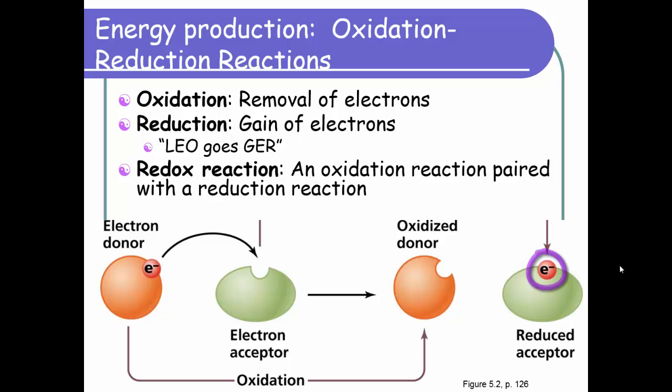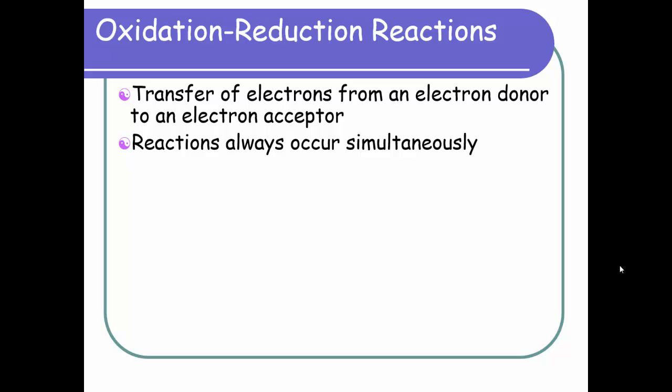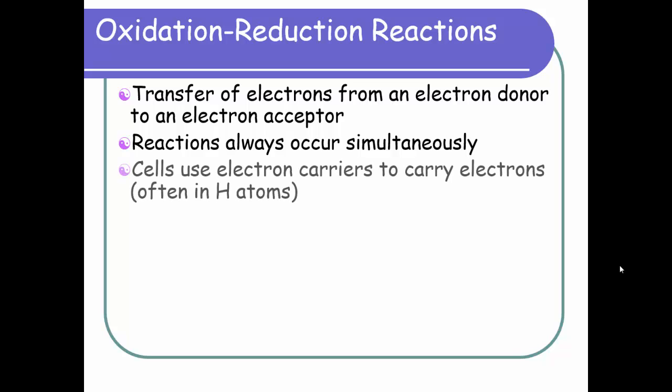The donor, therefore, is oxidized because it lost the electrons, and the acceptor is reduced because it gained the electrons. Oxidation-reduction reactions, therefore, transfer electrons from an electron donor to an electron acceptor. These reactions almost always occur simultaneously.